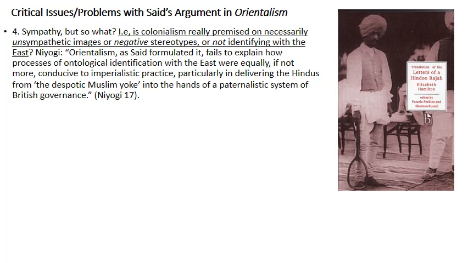The basic point is that sympathy for the East could support colonialism just as much as a lack of sympathy. So Said's idea that Orientalism is a discourse based on negative stereotypes and not identifying, both of which would serve to justify colonialism, is reductive, because many times colonialism is justified by identifying with certain sectors of the ruled country.